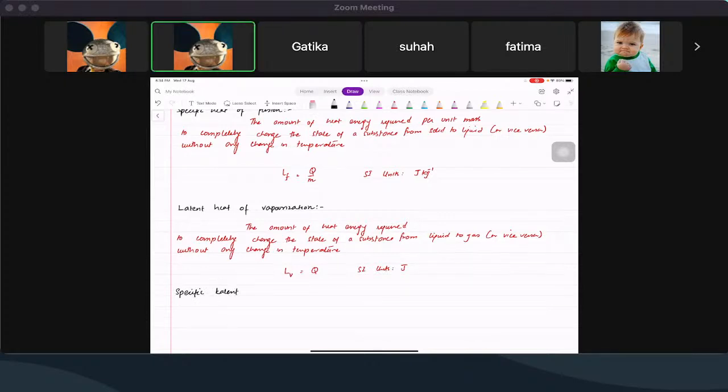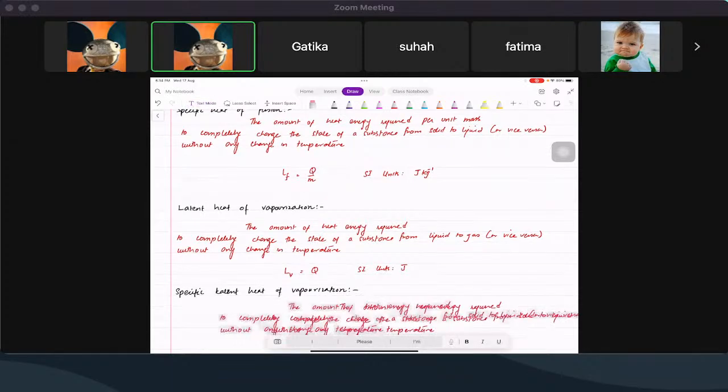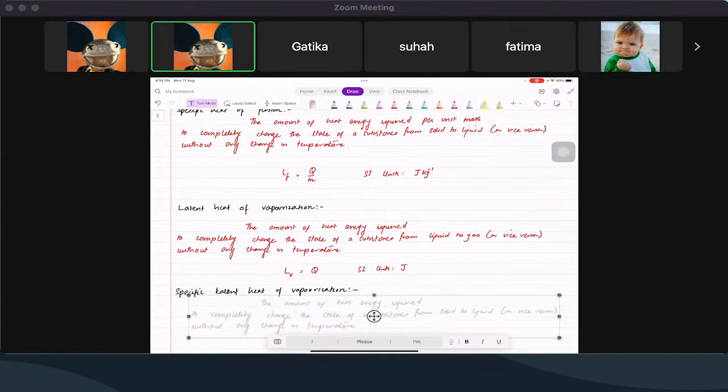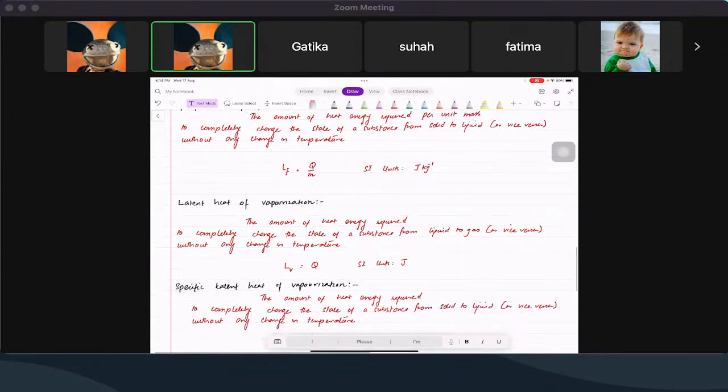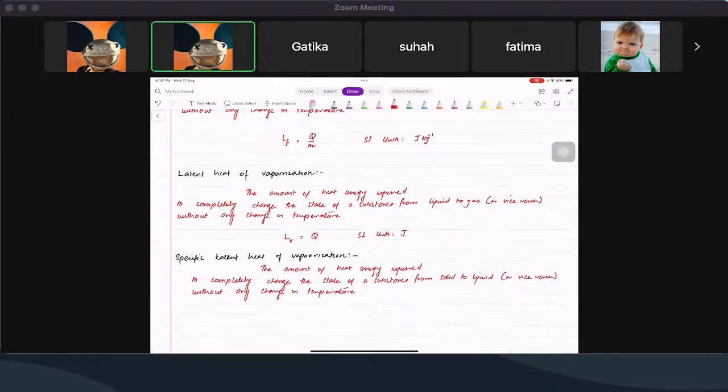Okay, specific latent heat of vaporization. Now, in this one, it is the same definition, just a couple of changes. The moment you see specific, it already means that you need to add mass into it, which means here you need to add the amount of heat energy required per unit mass, and here it should be from liquid to gas or vice versa.